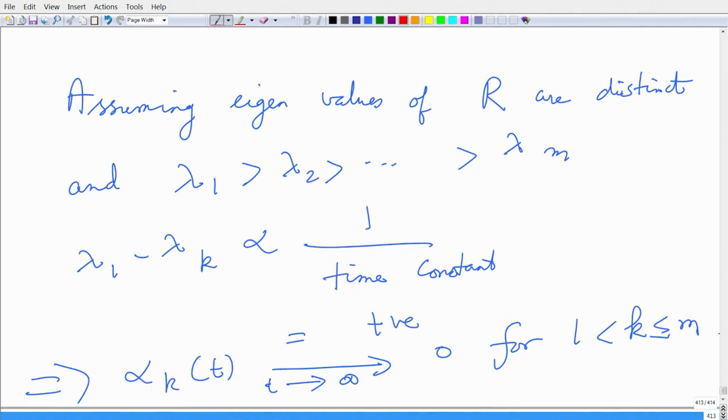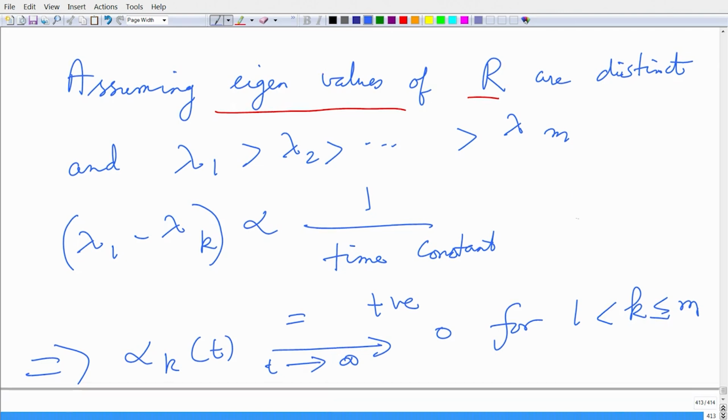Now, assuming my eigenvalues of the correlation matrix are distinct and I have lambda 1, lambda 2 in descending order, the term lambda 1 minus lambda k is positive, and this quantity is proportional to 1 upon the time constant.